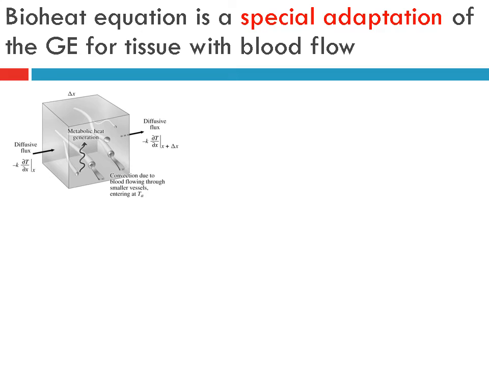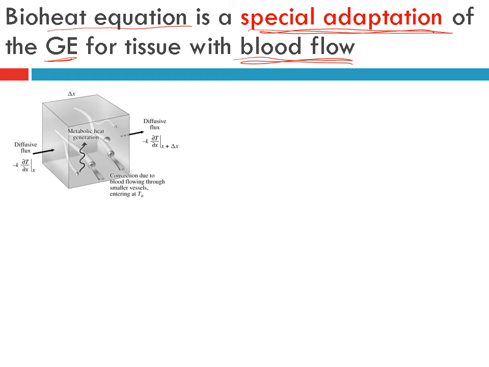So just to remind you, the bioheat equation is a special adaptation of the governing equation when we have blood flow in the tissue. It's a special adaptation, not a new version.